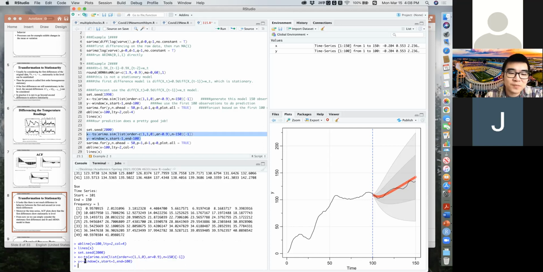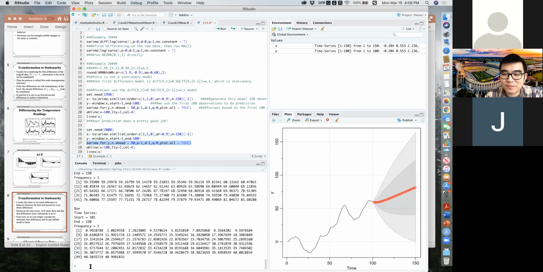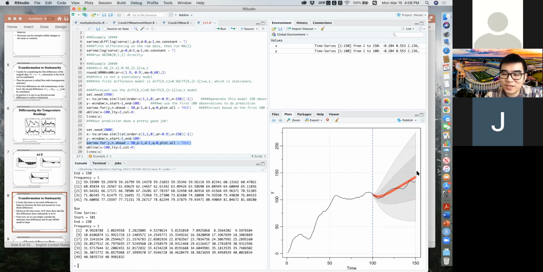We take the first 100 observations for prediction. So that's our prediction. The prediction pattern is pretty similar to the first graph. It's an increasing pattern.